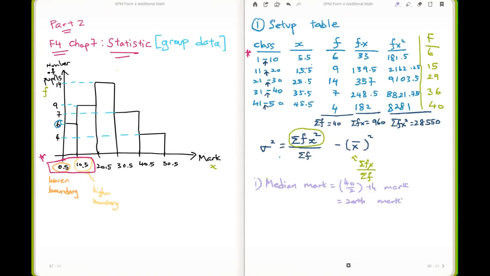In order to get the 20th mark, look at your cumulative frequency. This is 15, this is 29, so I would say the middle would be here. This is my median class.